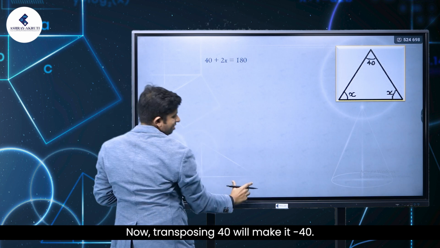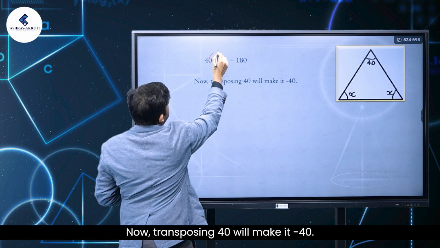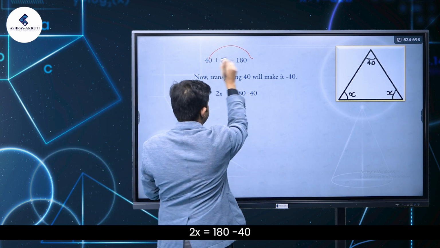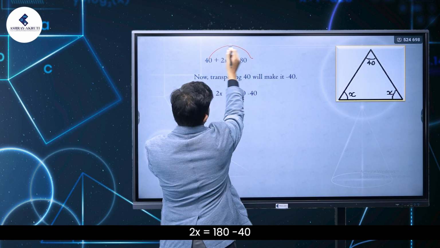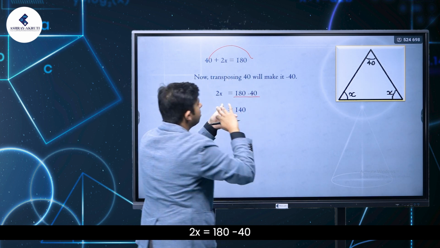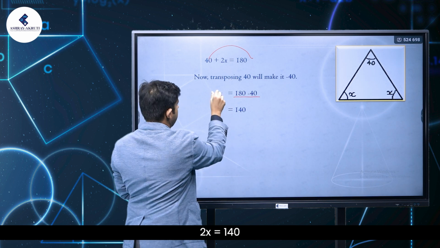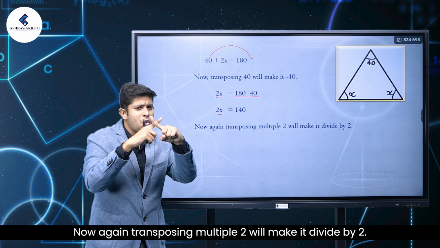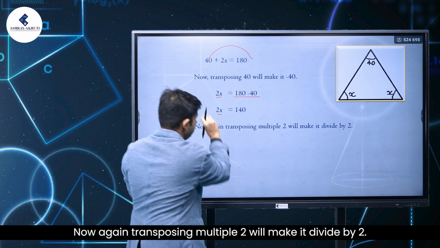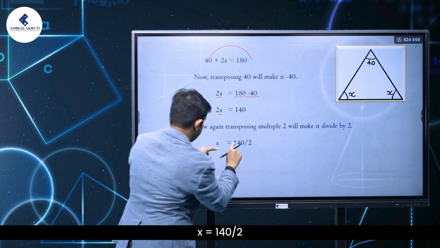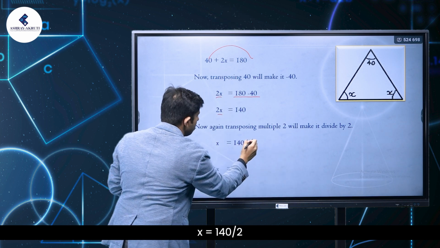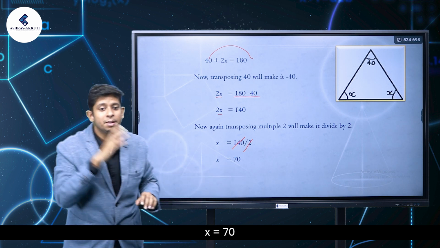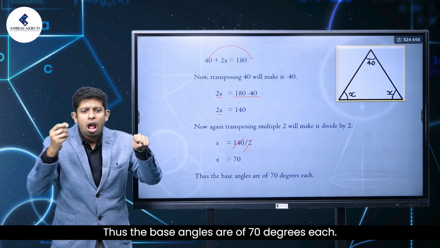Now, transposing 40 will make it minus 40. 2x equals 180 minus 40. 2x equals 140. Now again, transposing multiply by 2 will make it divide by 2. x equals 140 by 2. x equals 70. Thus, the base angles are 70 degrees each.